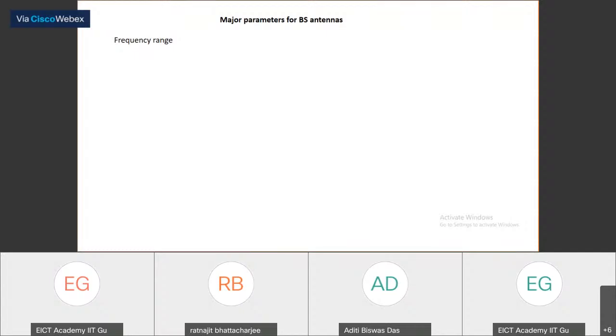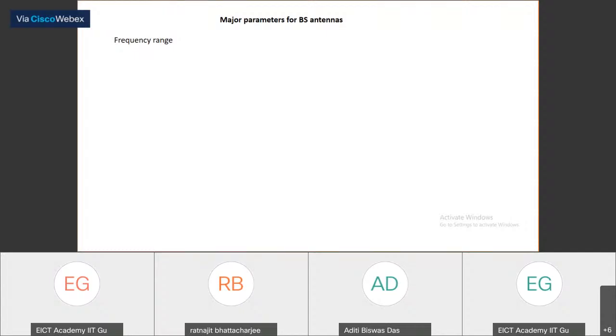IoT, the long range ones, are going down to the megahertz ranges, for example 860, 870 megahertz. Again, on the higher side, yesterday we discussed millimeter waves, so 28 gigahertz, 39 gigahertz. So these are the frequencies.